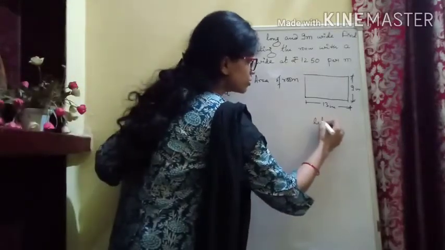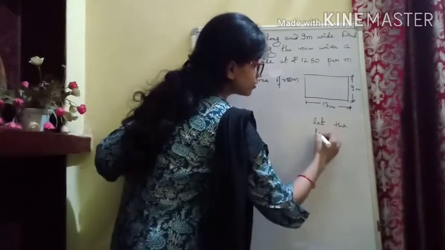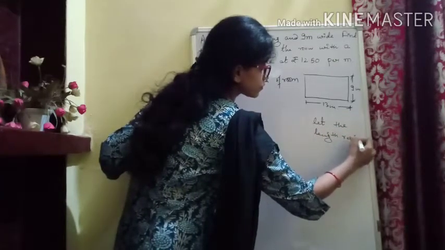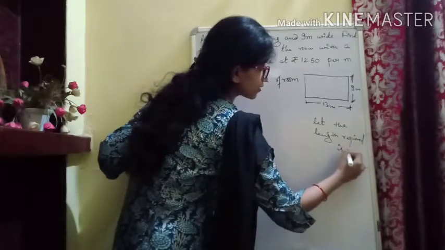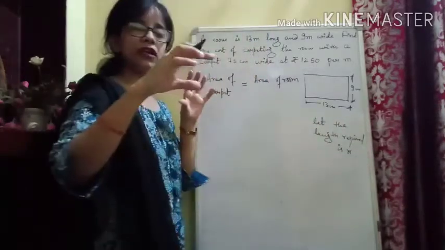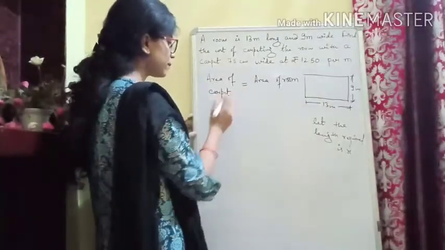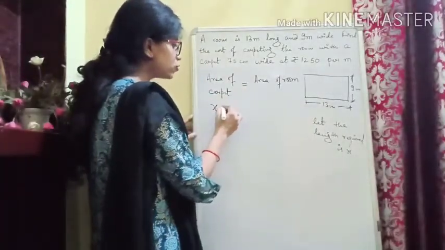So let the length required be x. That means we want x meter long carpet. So now the area of carpet would be the length into the breadth.